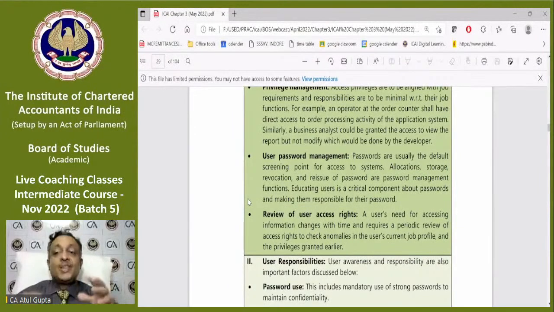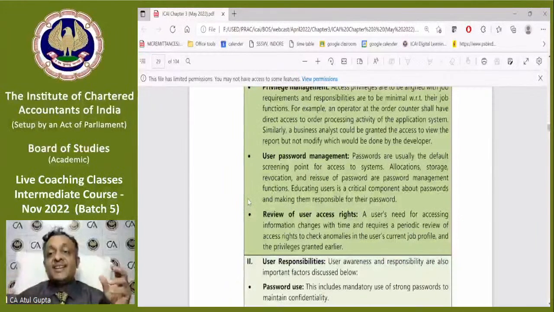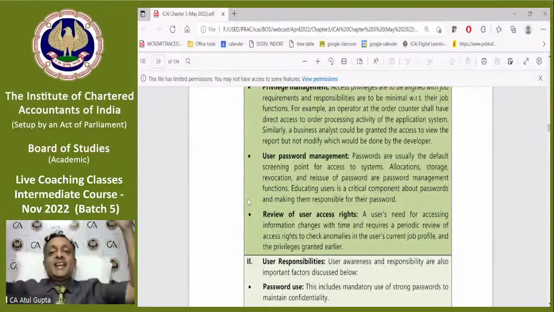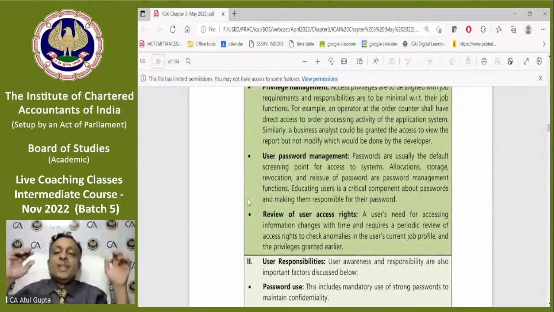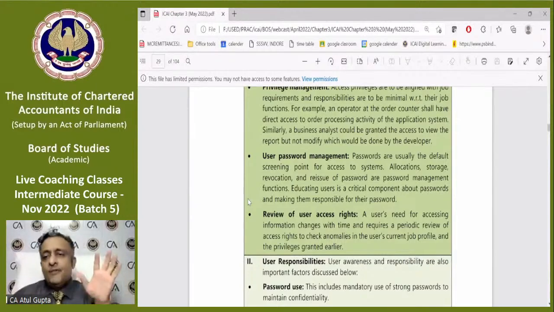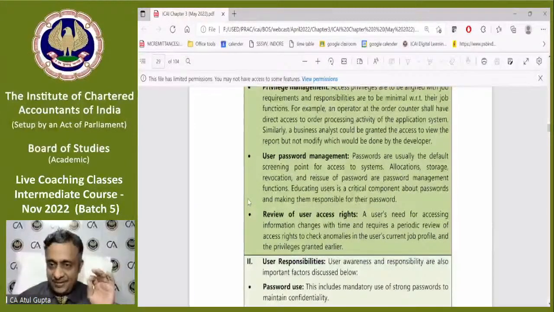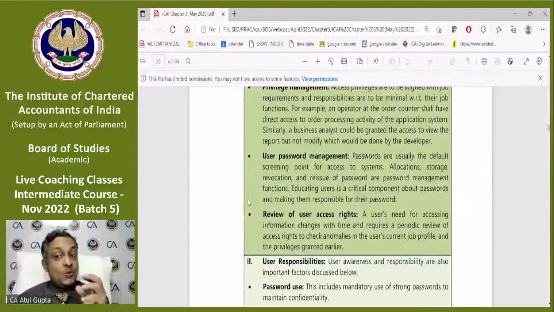In this chapter, in this module, this paper, CA Inter, CA Final, and as a Chartered Accountant in practice, take my word. The day you become a Chartered Accountant, one assignment that you will be capable of doing is review of user access rights: what a person can do, what he or she cannot do, what he or she must not do.